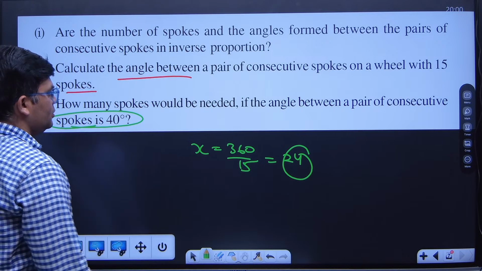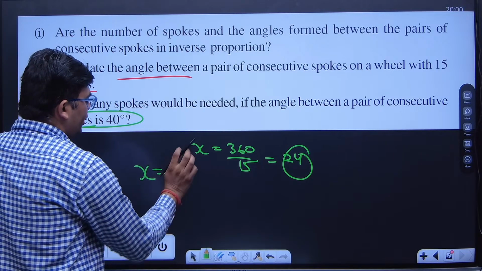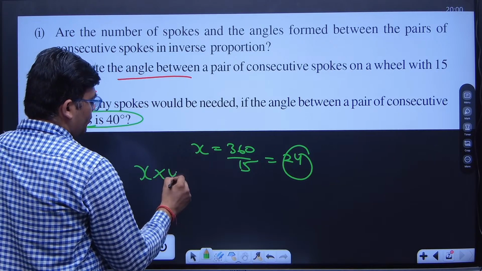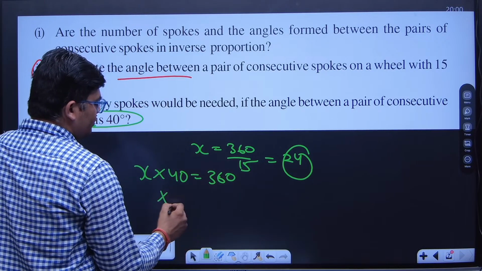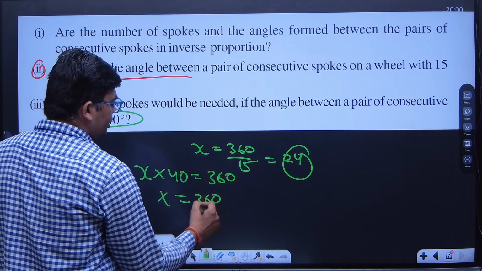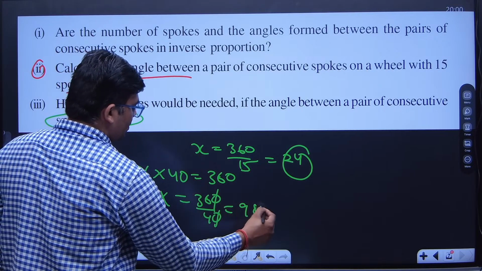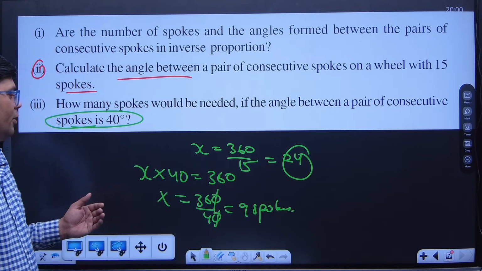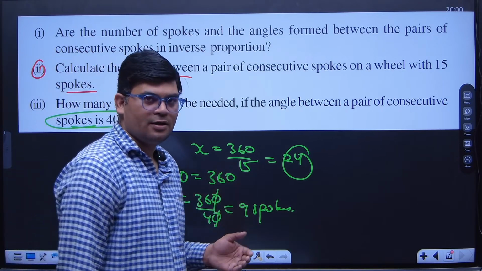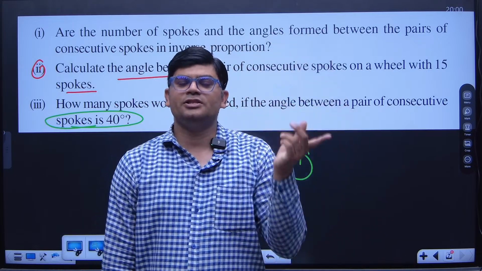Same, dear. So suppose there are x spokes. So x spokes into 40 degrees must be equal to how much? The total angle is how much? 360 degrees. So x will be equal to 360 divided by 40. So it will be 9 spokes. Oh, okay, sir. Are you getting it? See, spokes into each angle is always how much? The total angle is 360 degrees.